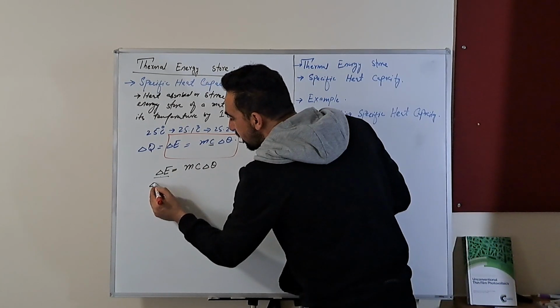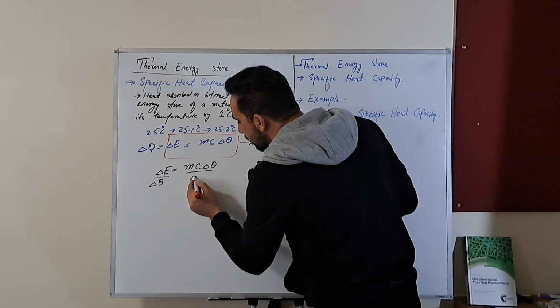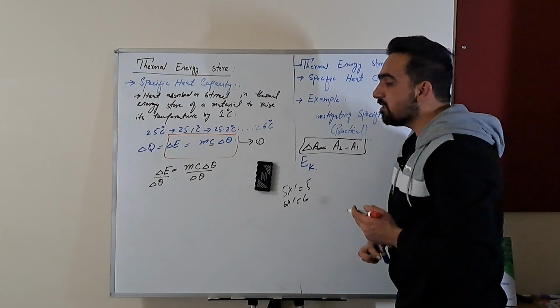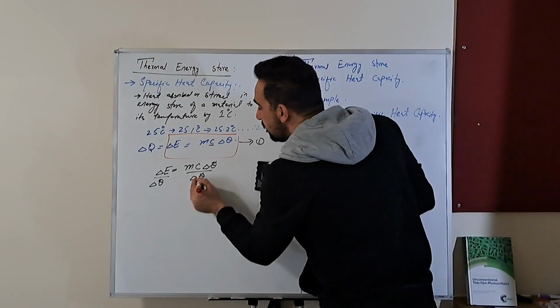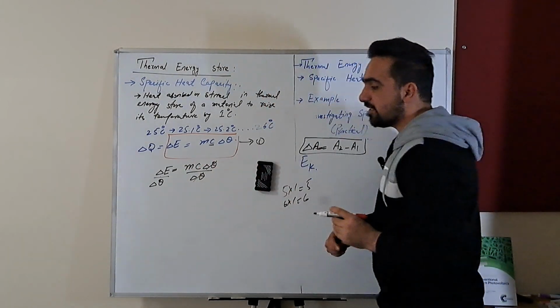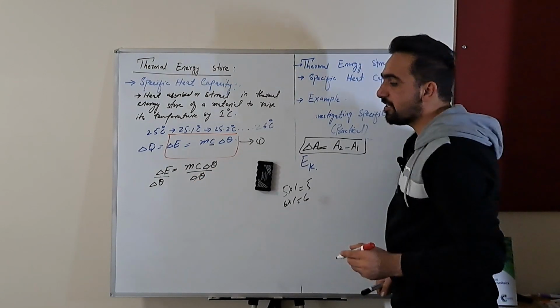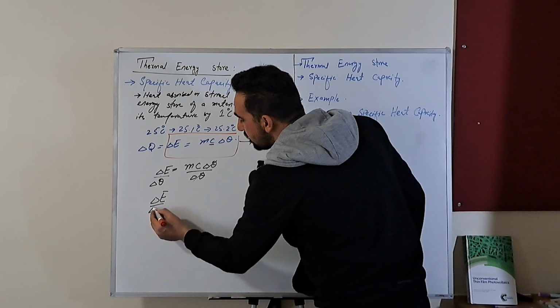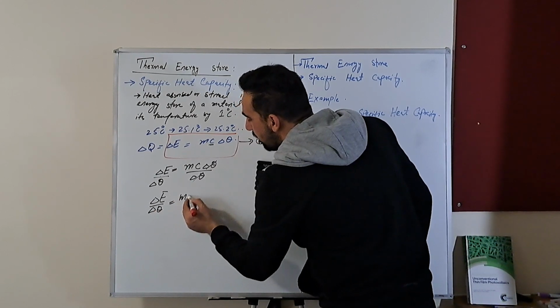So we are dividing delta theta on both sides of the equation. Dividing del theta on both sides will not affect the equation, and del theta is eliminated. So what I got is delta E divided by delta theta is equal to mc.